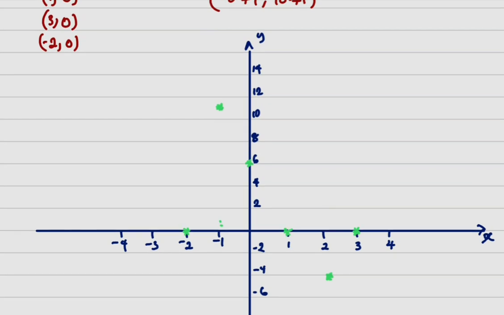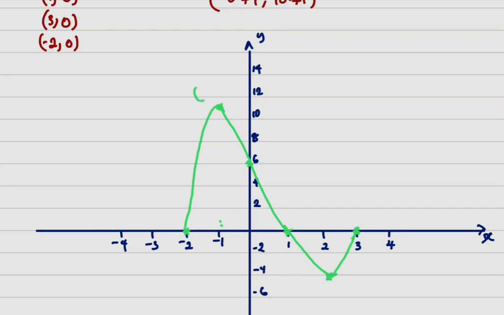Now this is how the curve goes. It moves like this, it turned, then it passed through y equals 6. Then it came down until it got to the minimum point here. It then turned and moved up. Now this is the curve.